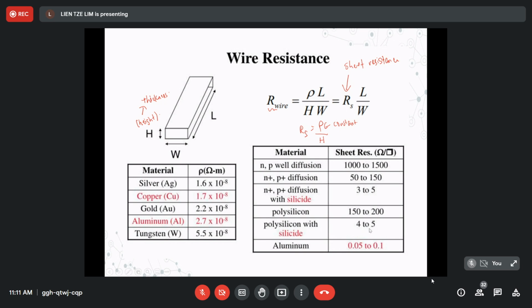So the resistance is lower, which also means the resistivity is lower. When the resistivity is lower, then the conductivity is higher. They are inversely proportional.